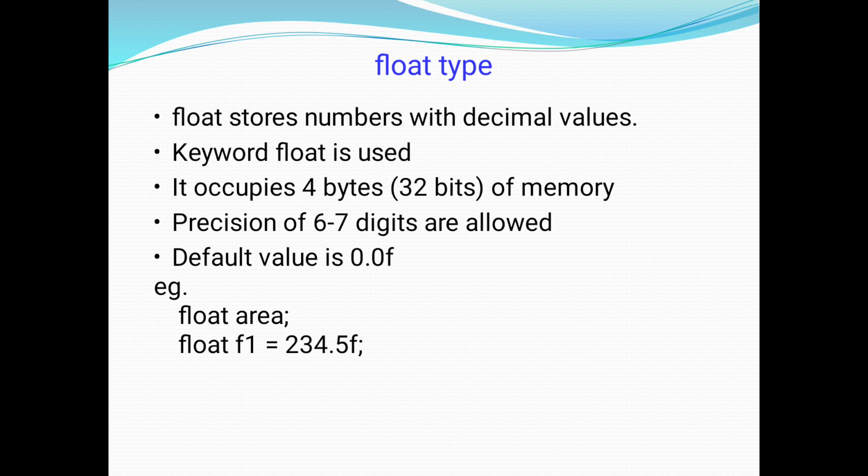Its default value is 0.0f. Normally the letter f is appended to the number, which indicates it's a float data type. For example, variable area is declared as a float data type, and in the second example a value of 234.5f is initialized to variable f1.